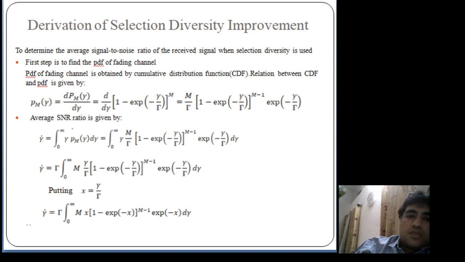So by doing this, we'll get the average signal to noise ratio of the received signal when selection diversity is adopted. Putting x equal to threshold by mean, the equation of average signal to noise ratio is simplified as the mean times the integral 0 to infinity m x, 1 minus exponent minus x to the power m minus 1, exponent minus x, d threshold.